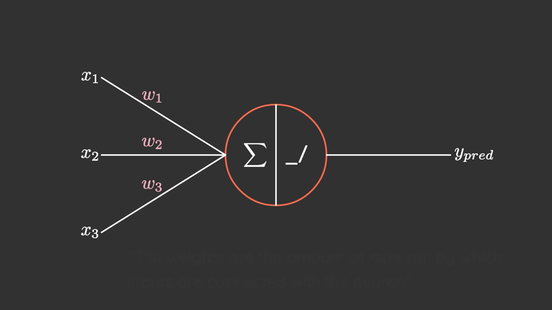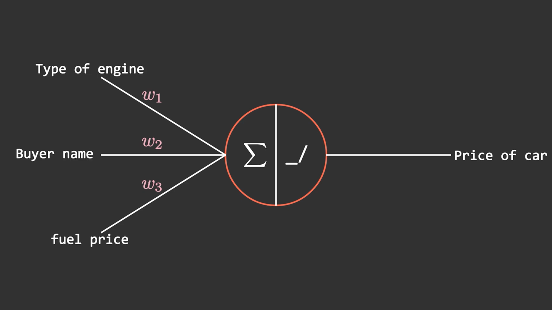Suppose you want to predict the price of a car given three inputs. The first is the type of engine, then the name of the buyer, and last is the price of fuel. As the training proceeds, our neuron will come to know that the type of engine in the car influences the price too much, so the strength between the feature and neuron will be high. But in the case of the buyer's name, the weight is very low because it's obvious that the buyer's name does not affect the price of the car at all.